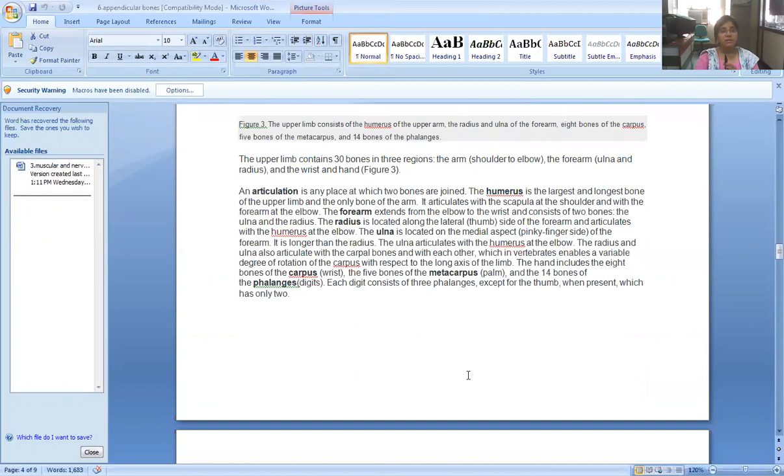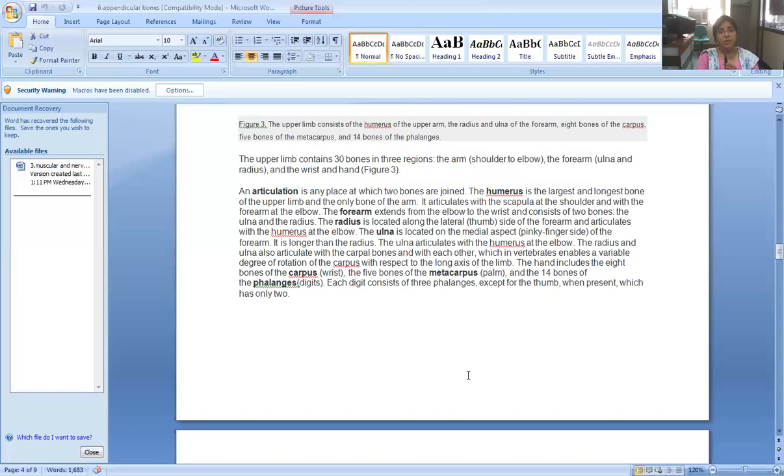An articulation is any place at which two bones are joined. The humerus is the largest and longest bone of the upper limb, and the only bone of the arm. It articulates with the scapula at the shoulder and with the forearm at the elbow. The forearm extends from the elbow to the wrist and consists of two bones, the ulna and the radius.